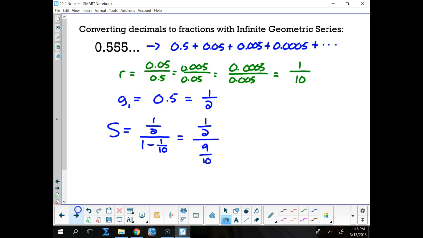Multiply it by the reciprocal. So this is 1/2 times 10 over 9. What is 1/2 times 10 over 9? 5/9. Because I can go 2 and 5, and that leaves me with 5/9.